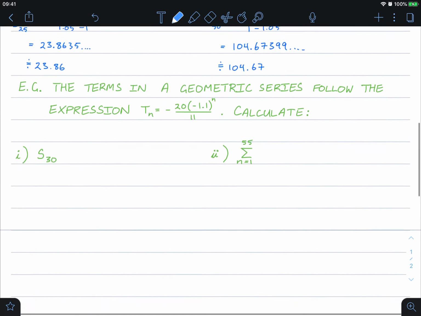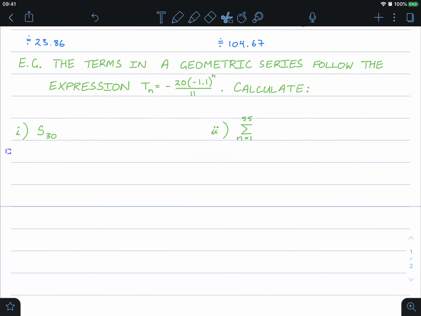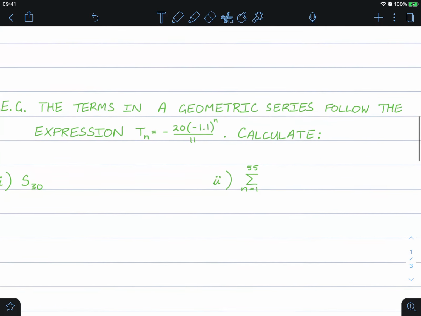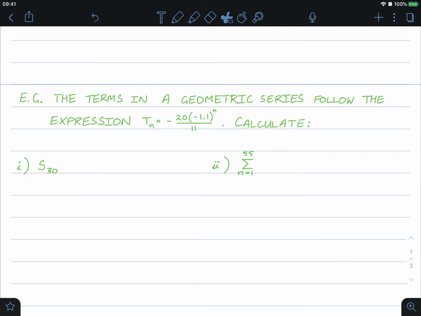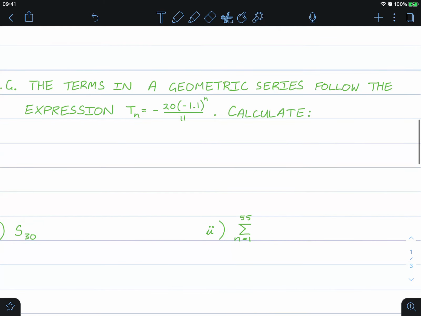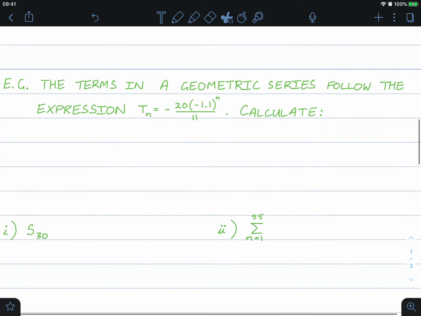Let's try it now for this next example. Let's just give myself some more space. The terms in a geometric series follow the expression t of n equals negative 20 times negative 1.1 to the power of n all over 11.